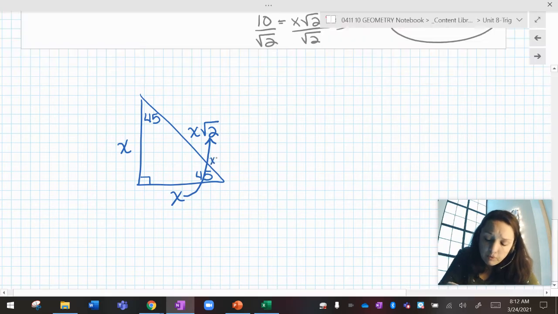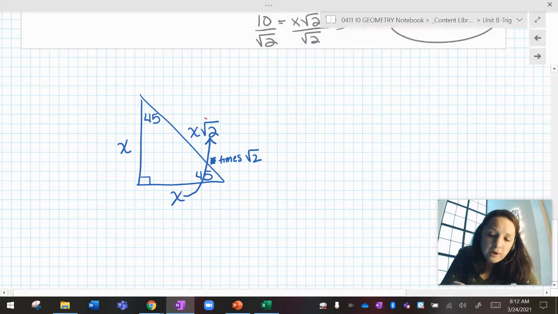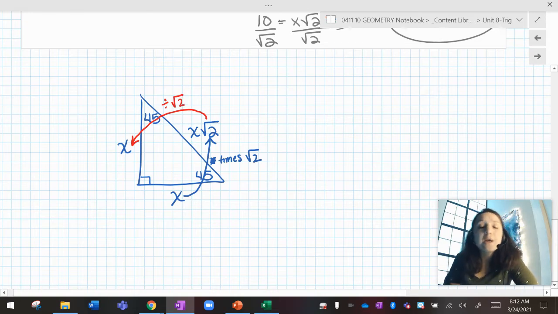So let me write this. We did times root 2. What if I wanted to go backwards? What if I knew the hypotenuse and I want to go back and find a leg? Well, if I multiply by root 2 to get the hypotenuse, we would divide by root 2 to get back to the leg.